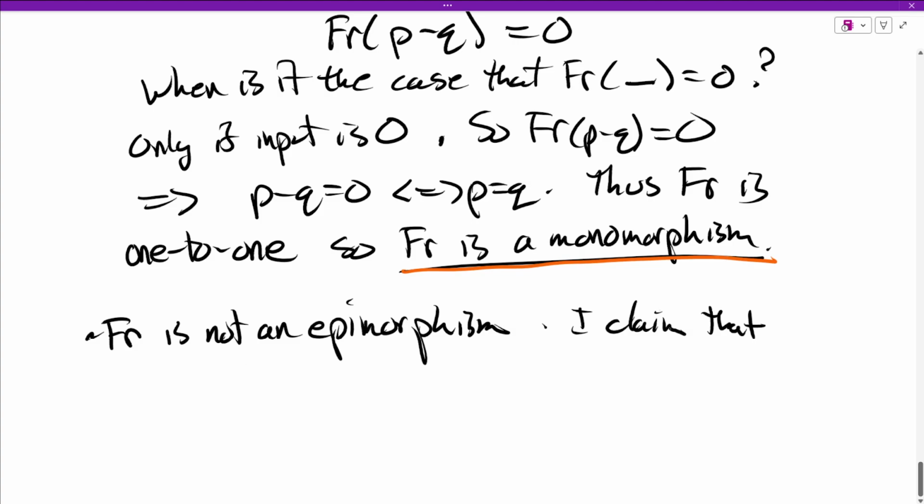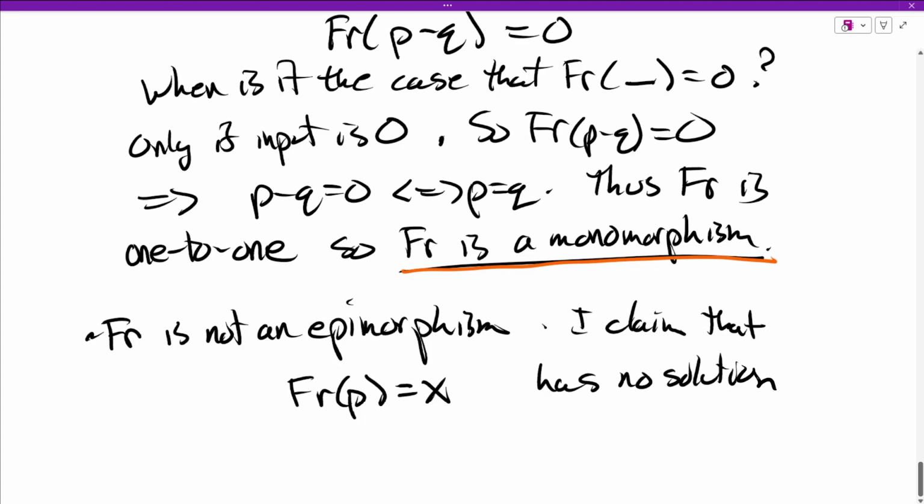To see this, I claim that the Frobenius of P equals X has no solution. That is, there is no polynomial such that when you square all of the monomials involved, you get X.